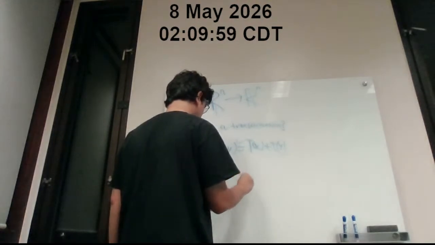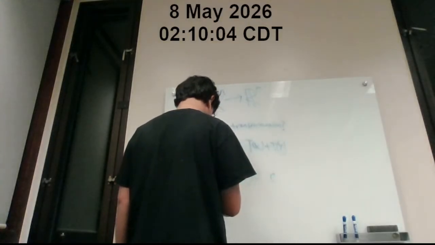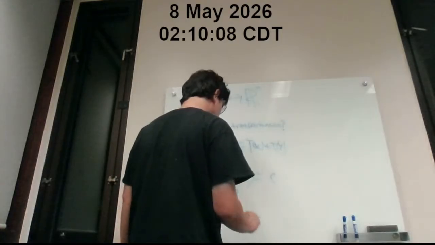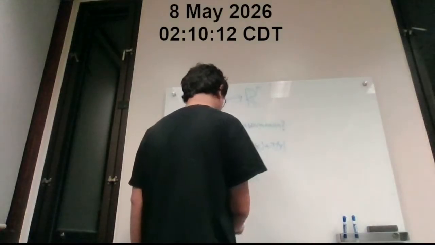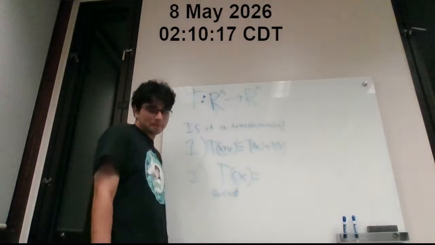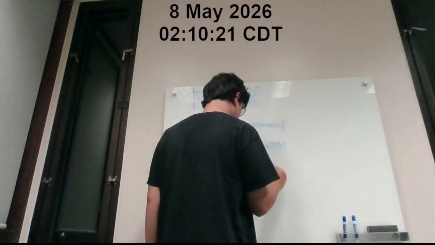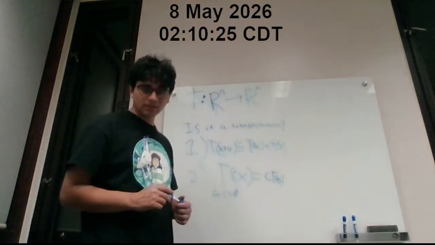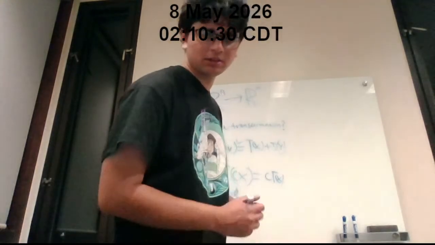So let's say you have the transformation of c times x, and then you can factor that out, for c in the set of real numbers. That becomes c times T of x, and that's also the same. Okay? So that's how you tell if a transformation is linear.